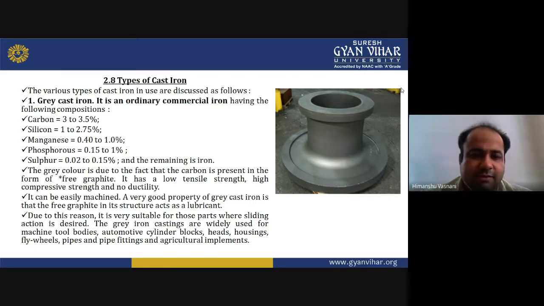Grey iron castings are widely used for machine tool bodies, automotive cylinder blocks, heads and housings, flywheels, pipes and pipe fittings, and agricultural implements. So these are numerous applications of gray cast iron.